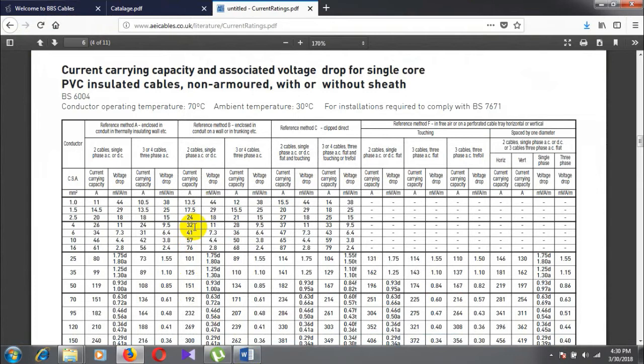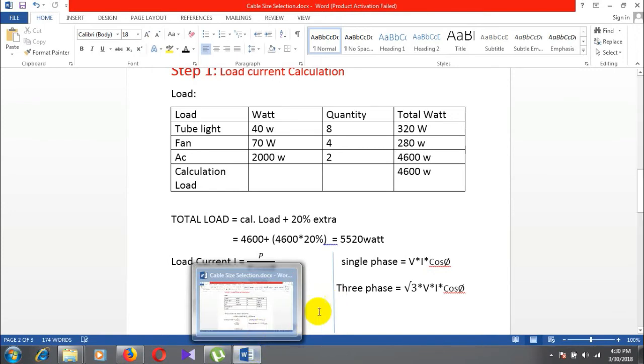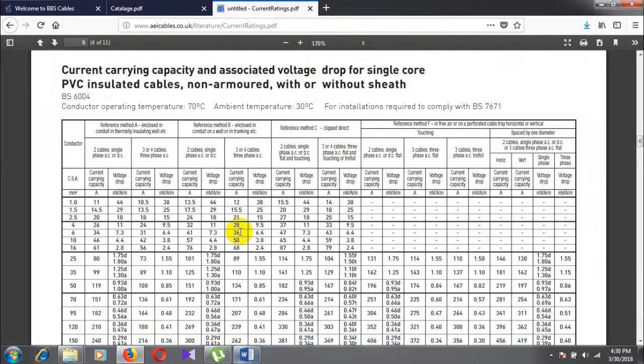Higher is better. We cannot take a current lower than our required current. We always need to take a higher current than our required current. Since 32 is higher, it is suitable and we can take it.